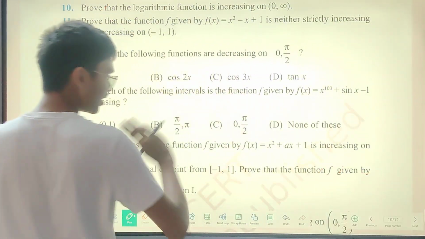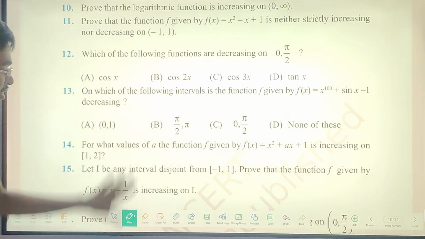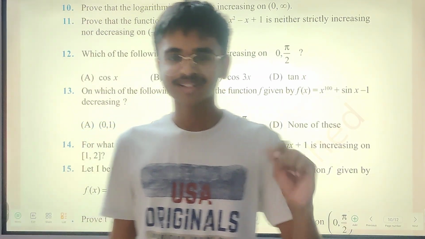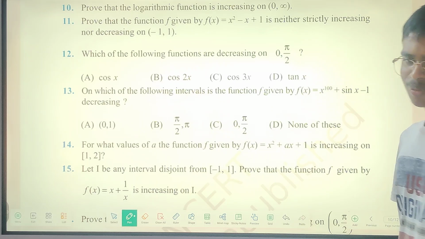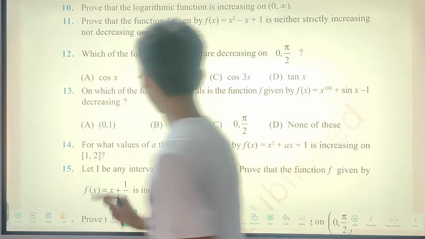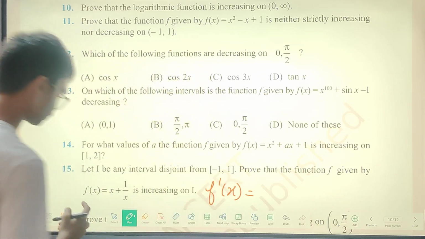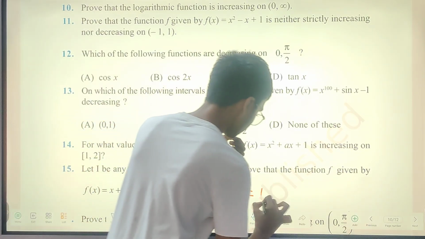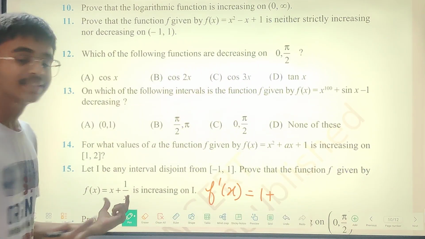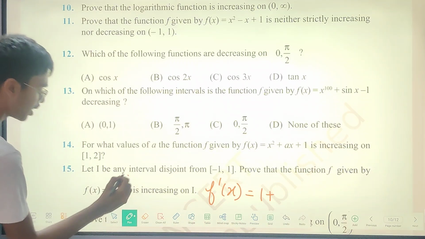I have not done the sum, so I am kind of anxious whether I can do it correctly. Let us check. First we have to differentiate it. Then f dash of x is equal to 1 plus, and this place many of us make wrong.